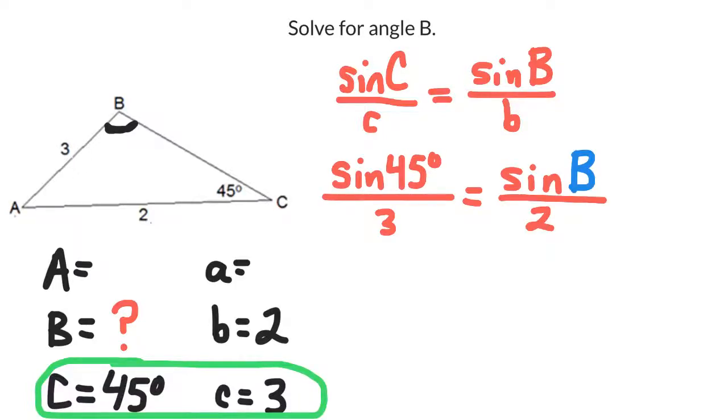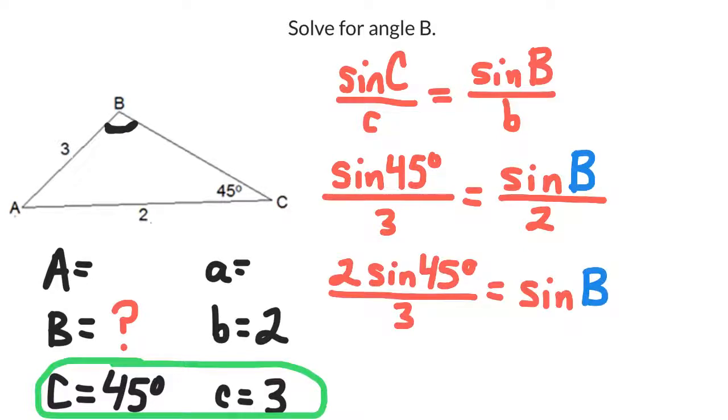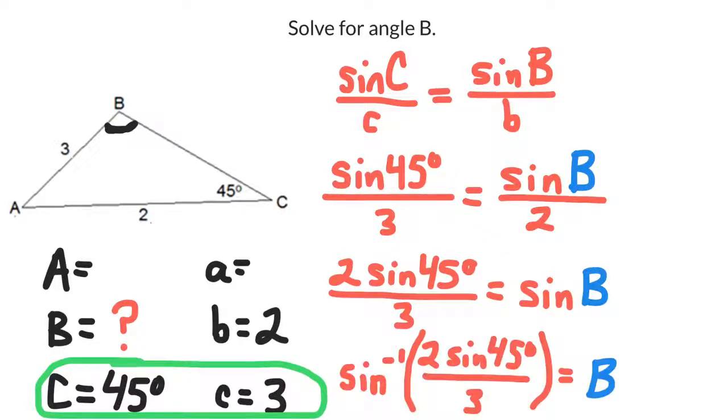I need to isolate for B. To get angle B all by itself, I'm going to have to take the inverse sine. And when I do that in my calculator, I'll get an answer equal approximately to 28 degrees. And if you have a keen eye, you'll notice that my diagram is not to scale.